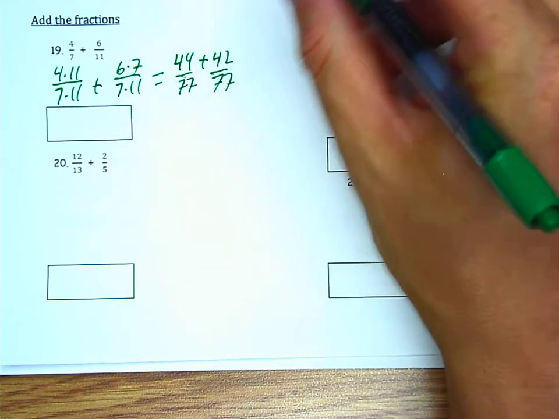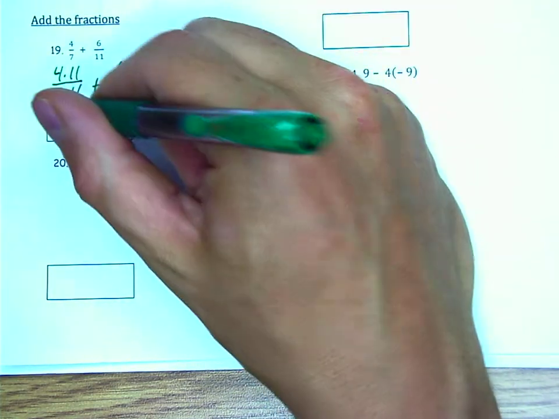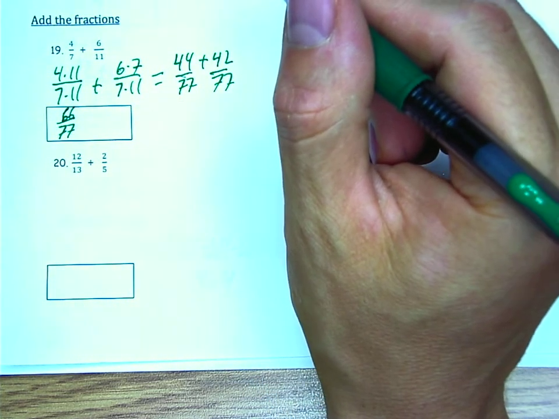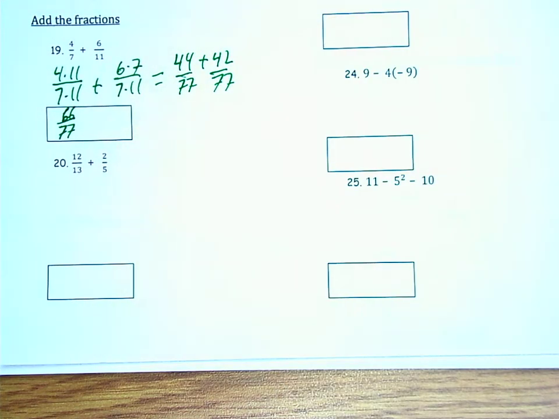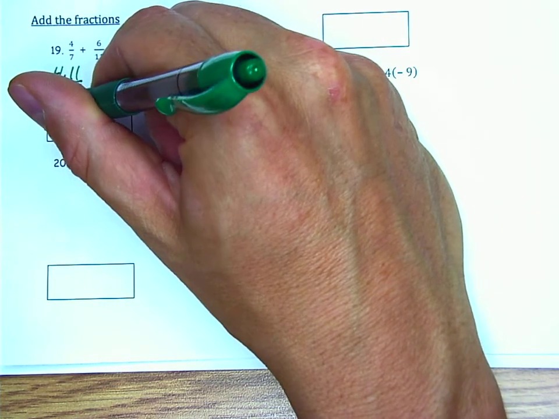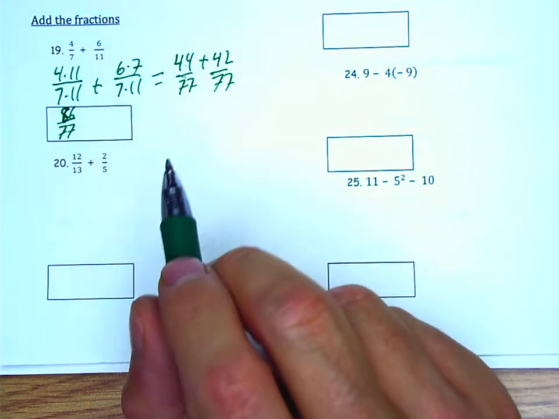So that is 66 out of 77. Fifty-six, 86, sorry. That's not right. Should be larger than that. 86. 4 plus 4 is 8. 2 plus 2, 2 plus 4 is 6. 86 out of 77.